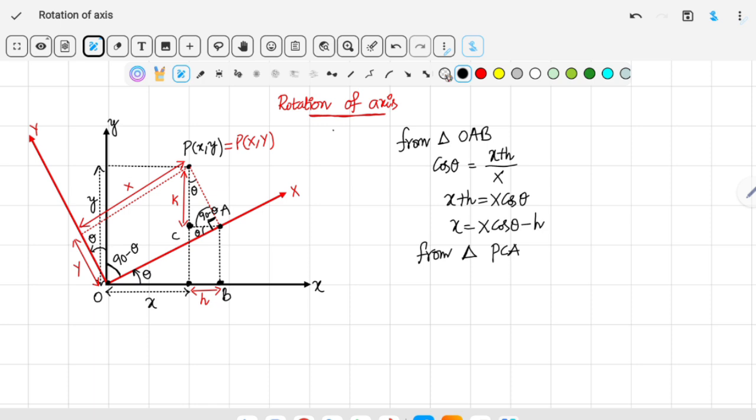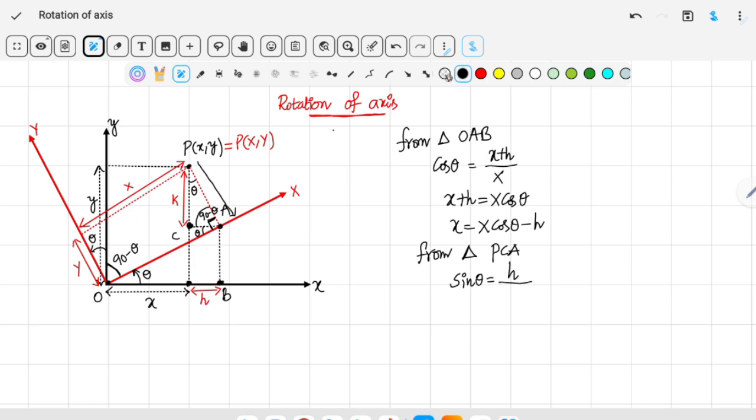It is h, and it is the same in the triangle also. Therefore I want to find sine theta, which is opposite side by hypotenuse. So sine theta is equal to h by the hypotenuse, from here to here.